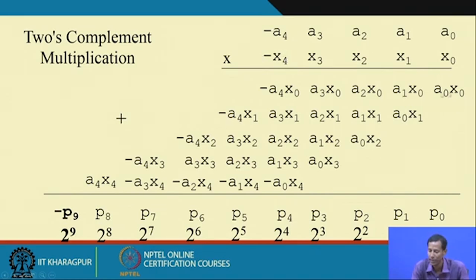Now if we do the bitwise ANDing operation, for this I will get minus A4 X0, then for this minus A4 X1, for this minus A4 X2, and this is minus A4 X3. For the fifth one, all of these will be minus except this one, because minus times minus is plus, and the rest of the multiples are negative. Okay. Now, whenever we design the hardware, how can I represent this as minus?